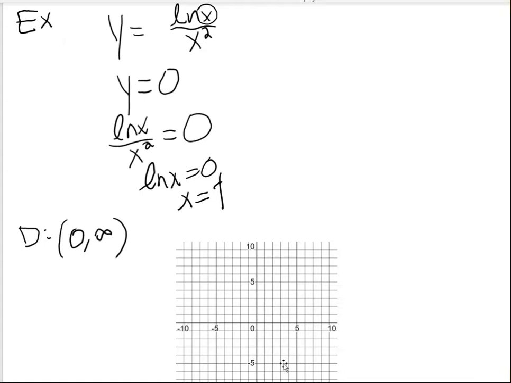So that gives us the intercept point 1, 0. And we can put that over here on our graph. And then the other intercept is when x equals 0. But that's not in our domain, so we don't need to check that.